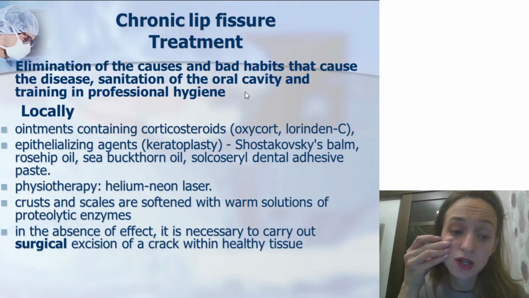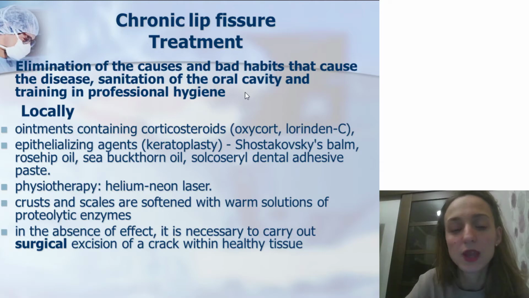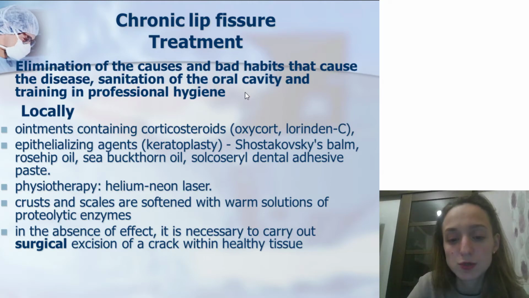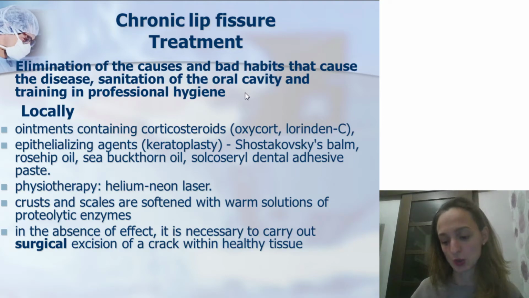And treatment, of course, is elimination of the causes and bad habits. And locally, ointments containing corticosteroids, physiotherapy; crusts and scales are softened with warm solutions of proteolytic enzymes. And in the absence of effect from the treatment, it is necessary to carry out surgical excision of the crack within healthy tissue.